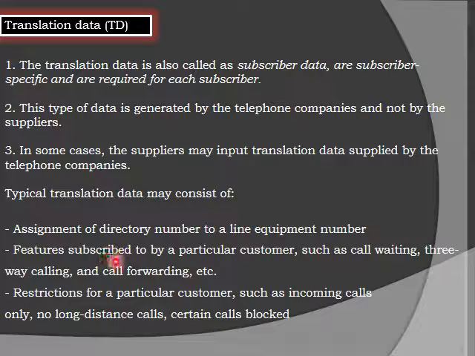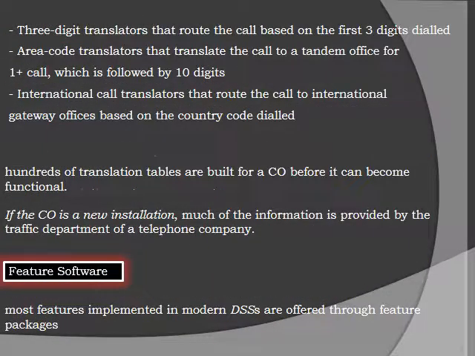Similarly, the translation data is also concerned with the features subscribed to by the particular customer, like I just told, call waiting or three-way calling or call forwarding, and call restrictions like incoming and outgoing calls, like that. It also consists of 3-digit translators or STD call translators, like if you are dialing, requesting STD dialing, it will look for area code translators, which are mainly concerned with the STD.